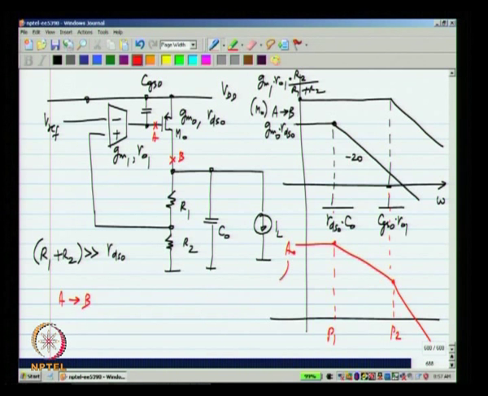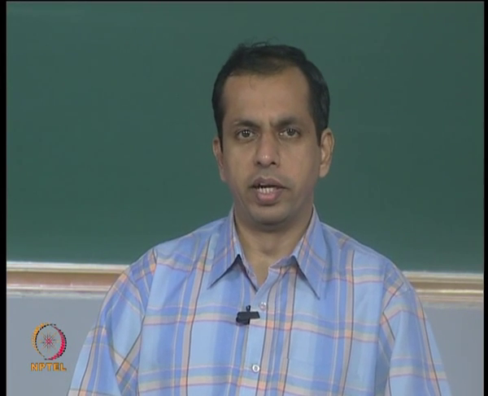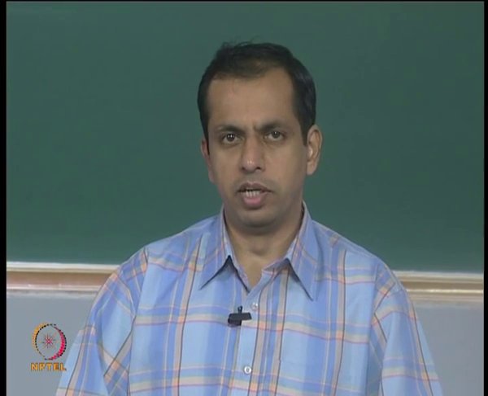This will be the DC loop gain. Now, clearly for stability we would like to have this P2 far enough away, so that when the loop gain magnitude crosses unity we have a roll off at minus 20 dB per decade. This we know from stability analysis.